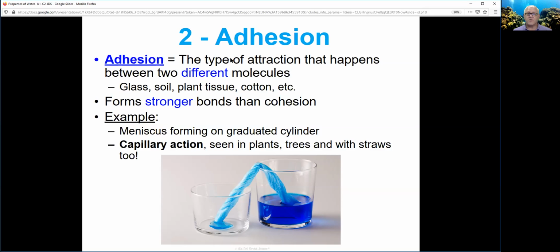The other thing with adhesion is the capillary action that's seen in plants and trees and with straws. The way a plant gets its water up into its roots, up into its stems, and up into its leaves is a capillary action. It starts to climb up because it's forming a bond.